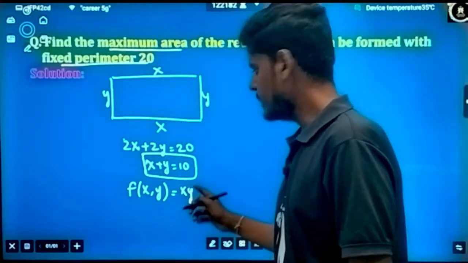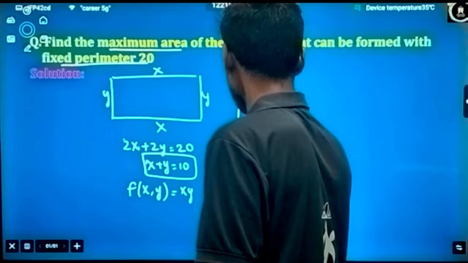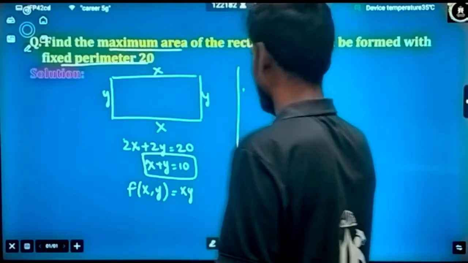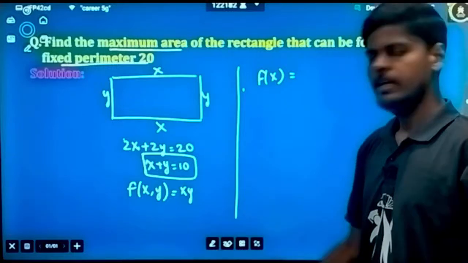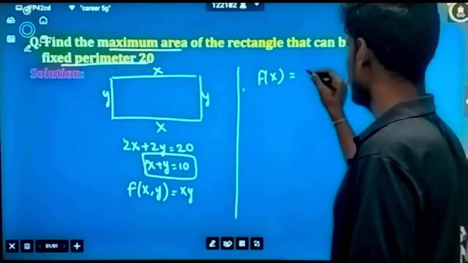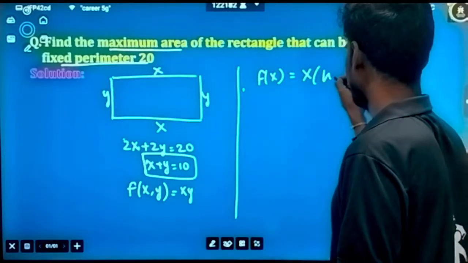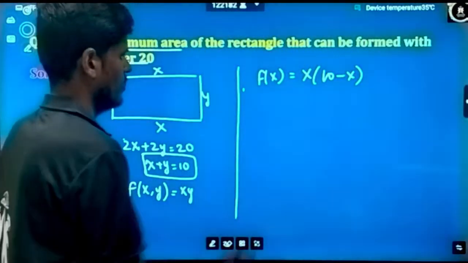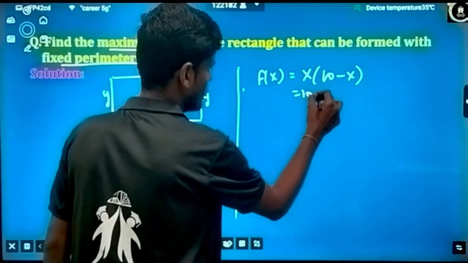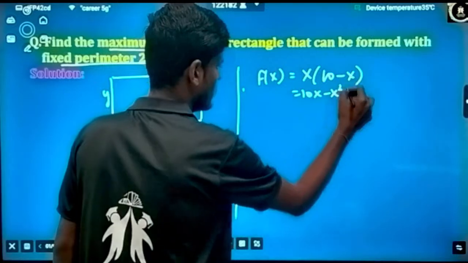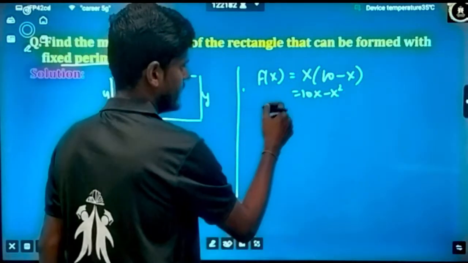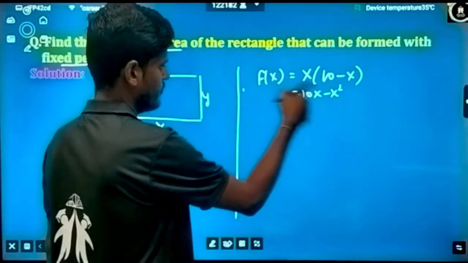Now we have to replace it in a single variable. That means f of x equal to, what is y? 10 minus x. So we will write x into 10 minus x. This is nothing but 10 into x minus x square. So 10x minus x square will be f of x.